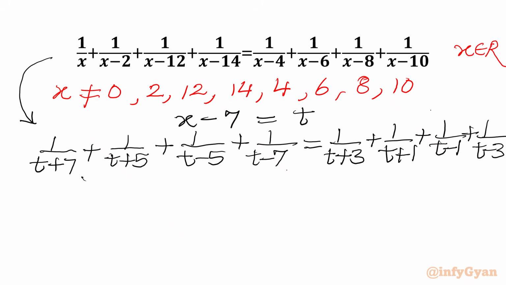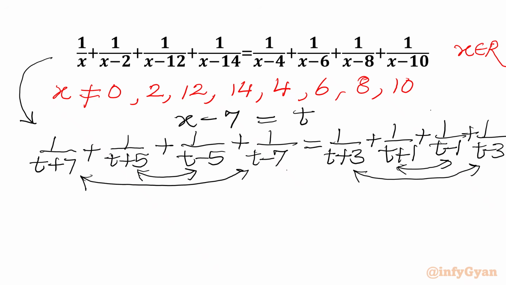Now we will club these two terms all together, these two all together, these two all together, and these two all together, so that we can apply the difference of two squares identity in the denominators.